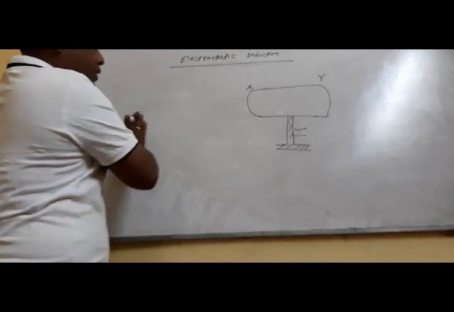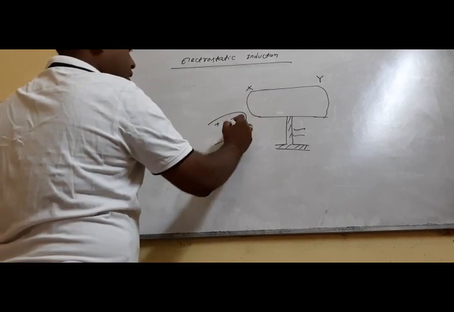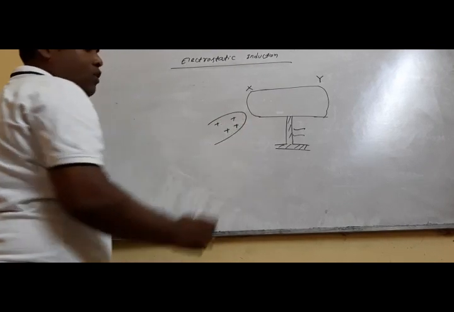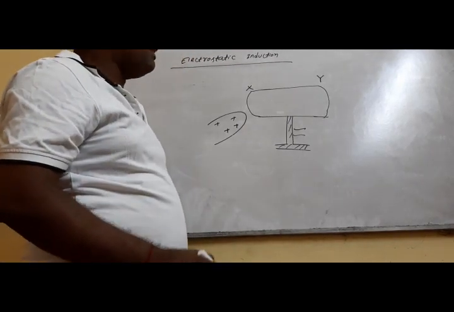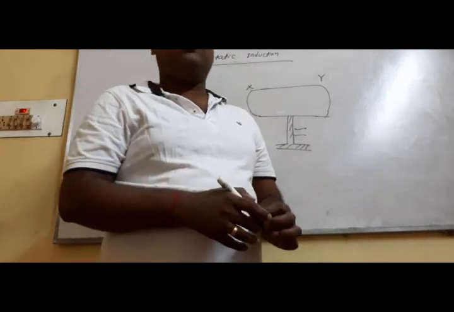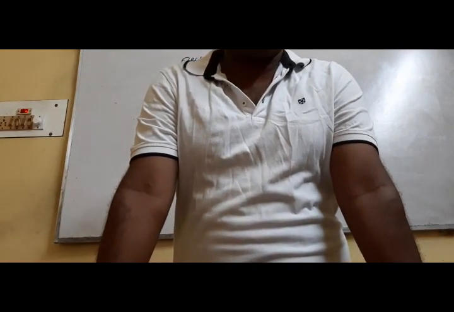So when you bring a positively charged body near the X end of the conductor, then what happens? You know, a conductor consists of a large number of free electrons.